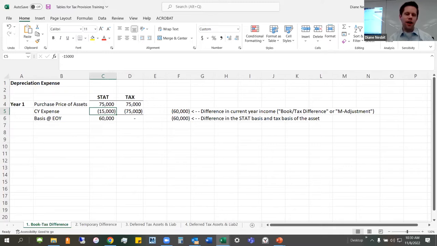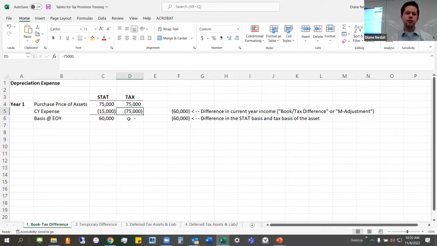And for tax, it will take a bonus depreciation or you may use a different method. So your tax depreciation is going to be different from stat. At the end of the year, if you did use bonus depreciation, at the end of the first year for tax, your whole asset has been depreciated.